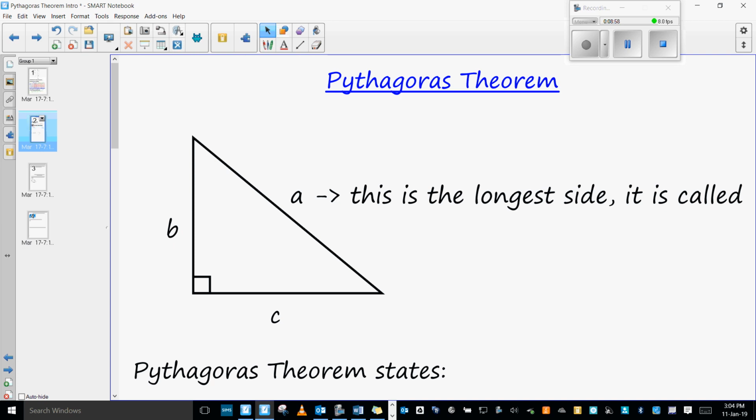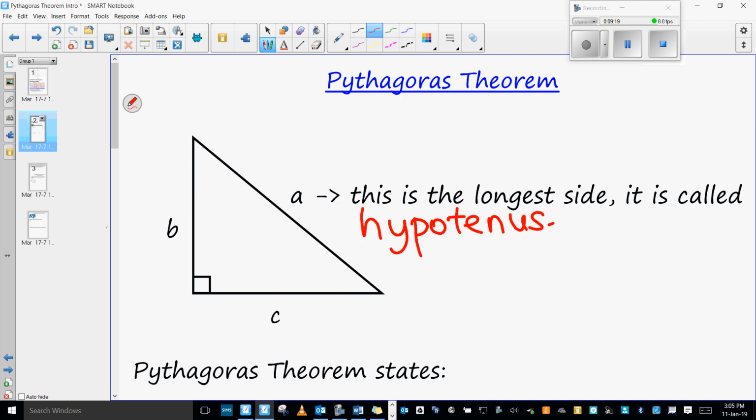Now, as Sarah said, Sarah threw in the little fancy word earlier. What word was it, Sarah? Hypotenuse. This is what we call the longest side. The hypotenuse is always the longest side of a right angle triangle.